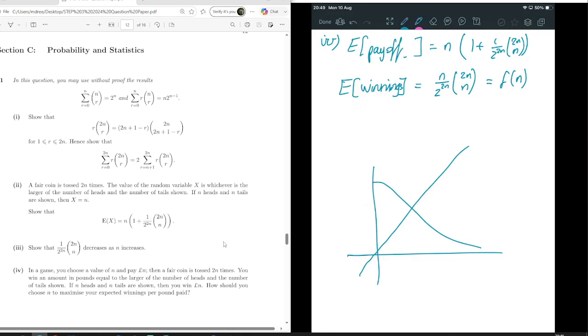Because powers and factorials almost always beat just the numbers, I'm expecting that this function of n looks something like the pink, and we want to find this maximum value here.